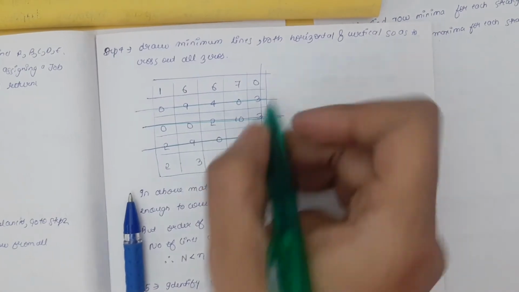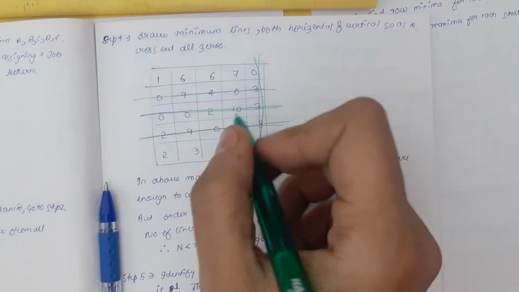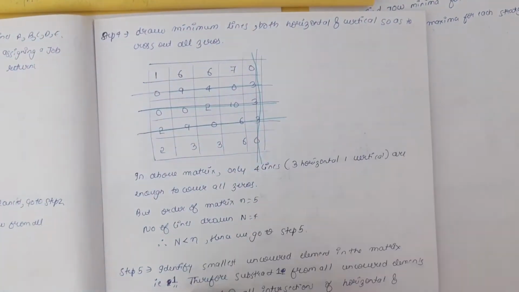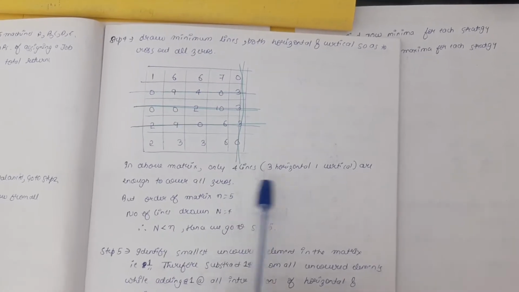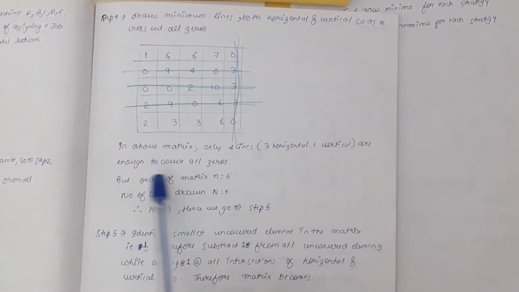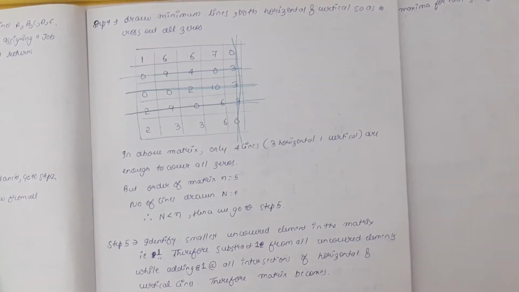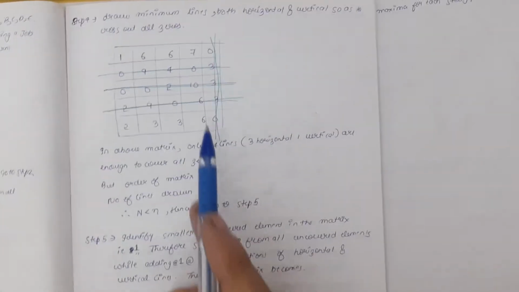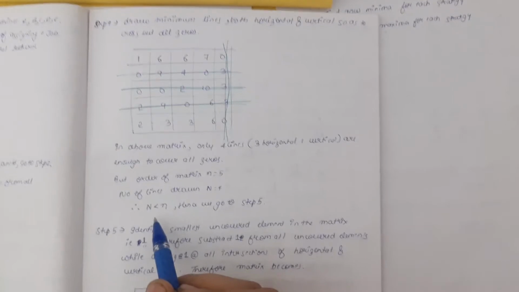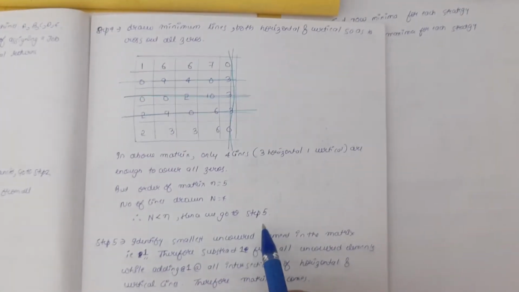If we strike 3 horizontal and 1 vertical line, all the zeros have been crossed. So only 4 lines are enough to cover all the zeros. But the order of the matrix, small n, is 5, and the number of lines drawn is 4. Hence, as the lines are fewer than n, we go to step number 5.